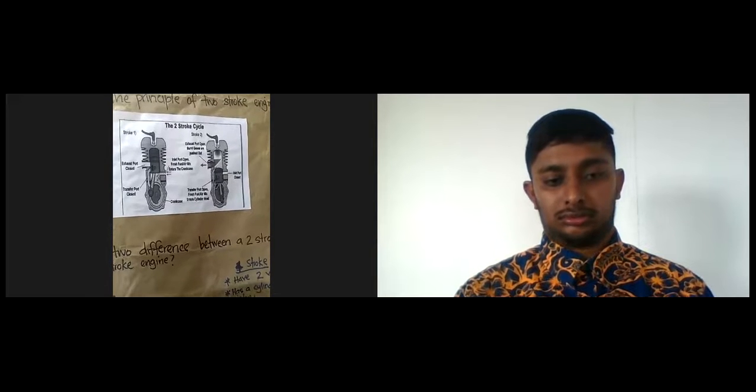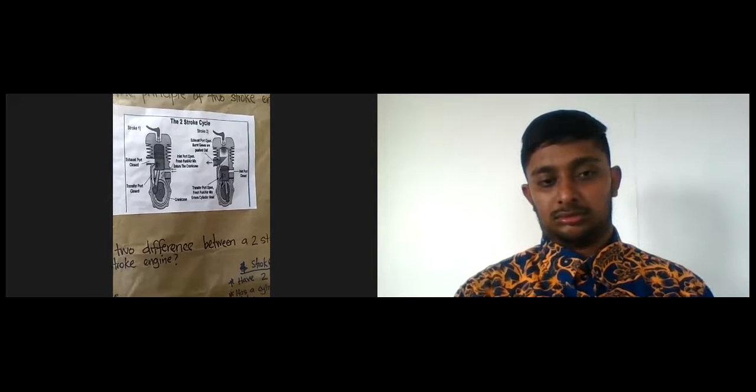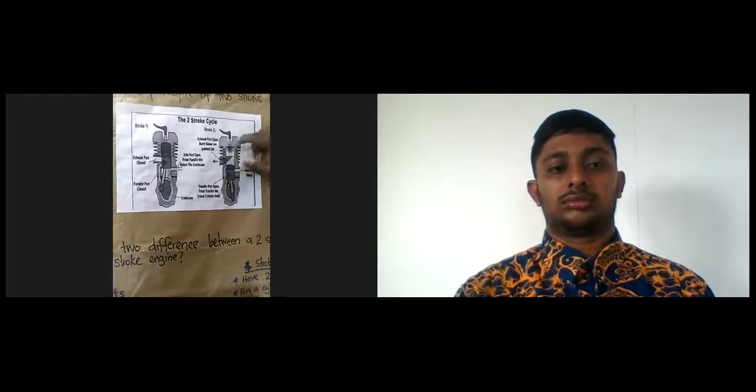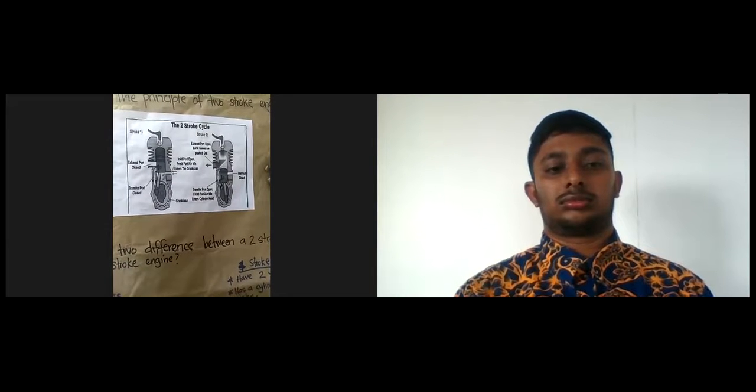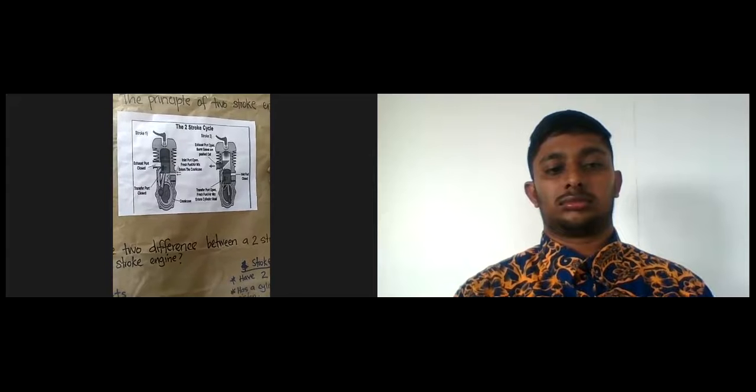The fuel and air mixture is ignited by the spark plug here, producing a power stroke sending the piston downwards. So here, as soon as it ignites, the power will be produced and the piston will move downwards, right, class?